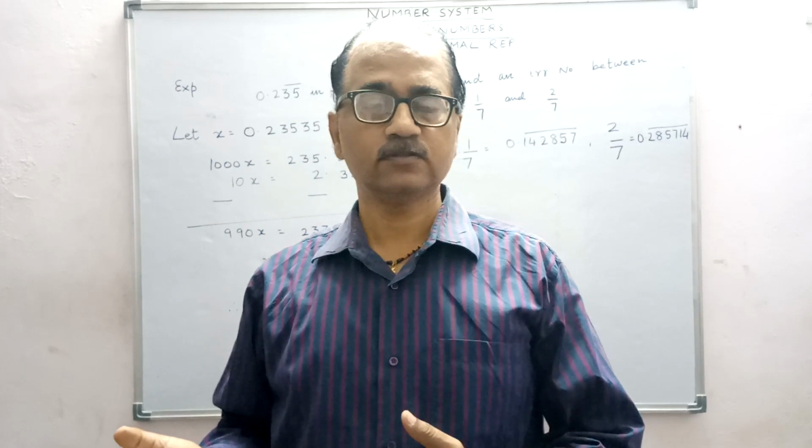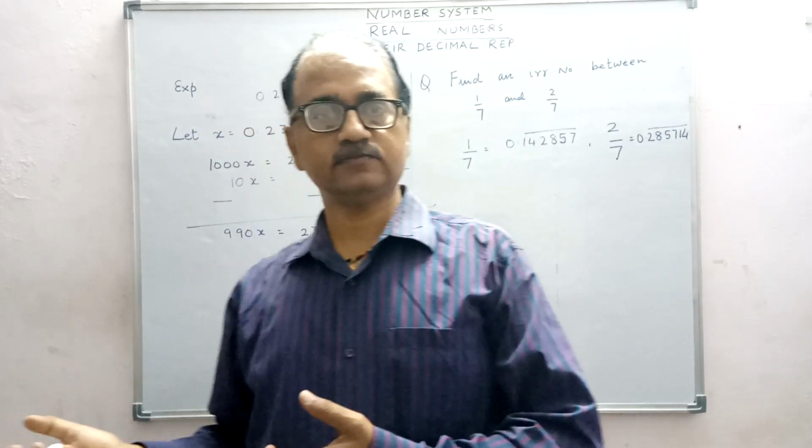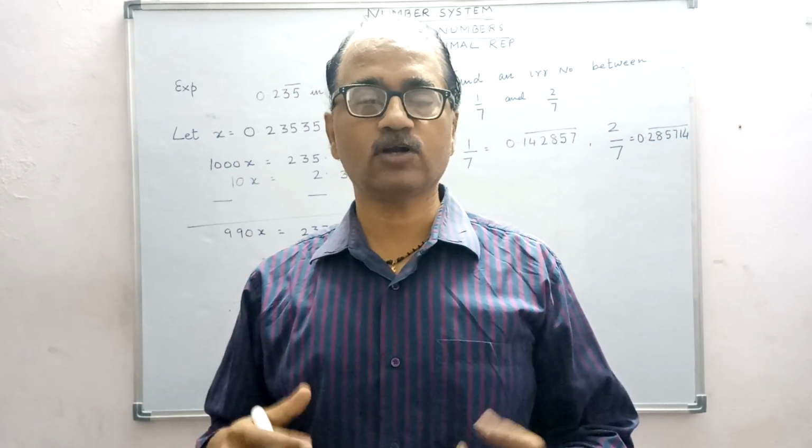Terminating means that when you divide the numerator by the denominator it will come to an end, and non-terminating means that when you divide numerator by denominator it will not come to an end.